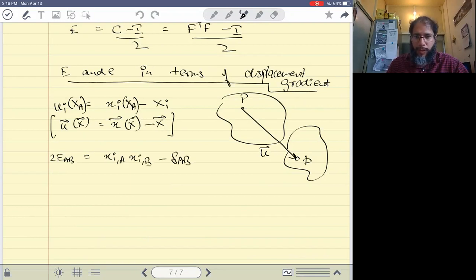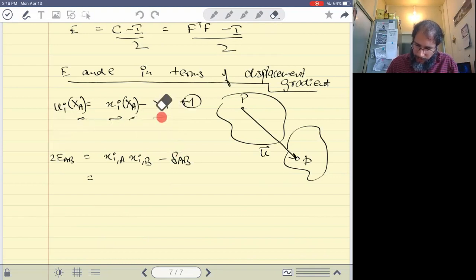So that's in the index notation. Now in equation 1 here, I can differentiate this with respect to capital X A. Let me remove this symbolic form.